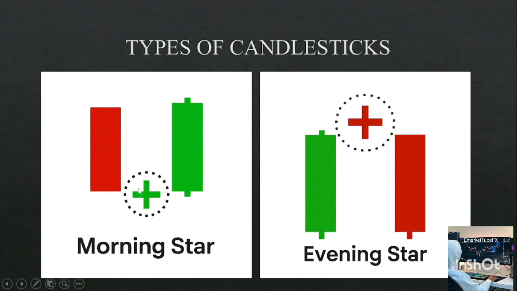Then when they got to this level, after this big body, you would be expecting that the market will continue in its sell move or momentum. But look at this candle: indecision.